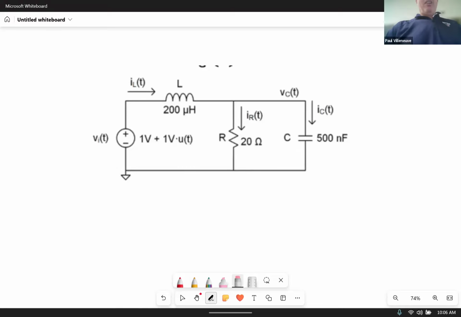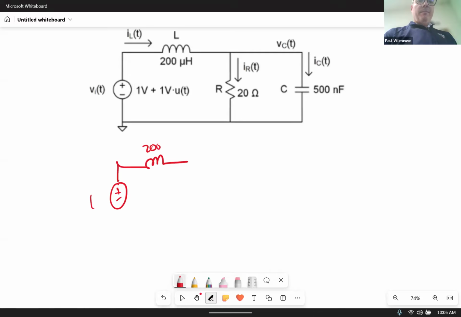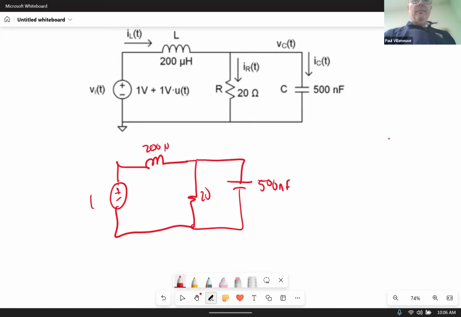Yeah. So to solve this circuit, you've got to solve your initial conditions. Right? So this is the T equals 0 minus condition. So I'm solving for T equals 0 minus.